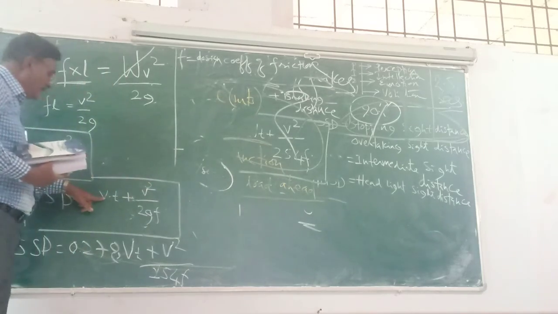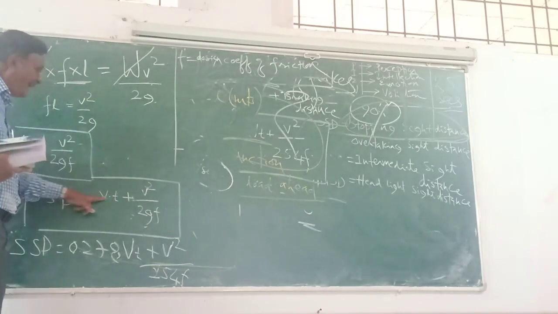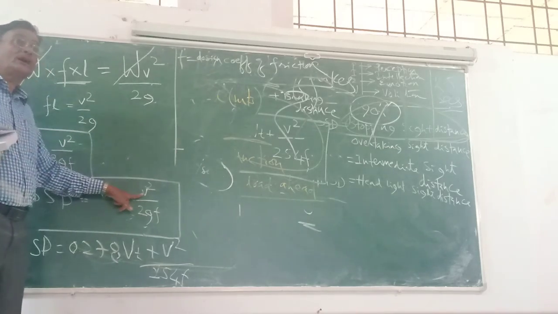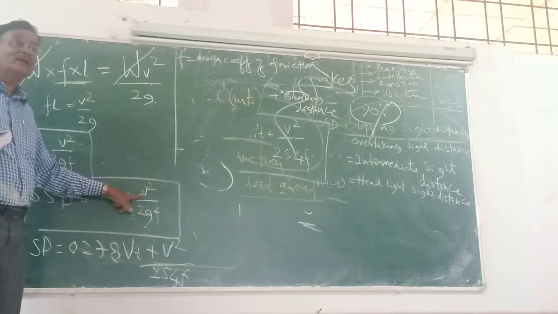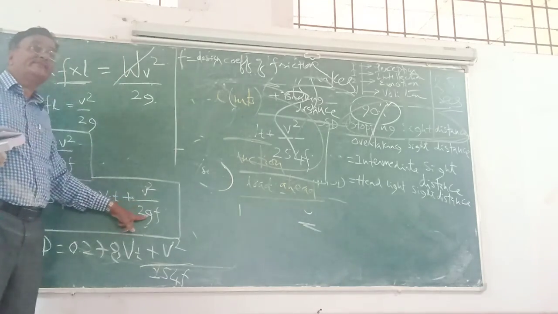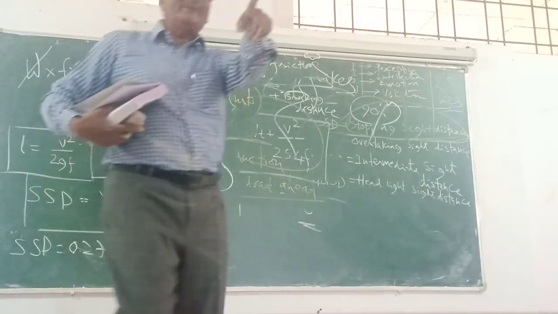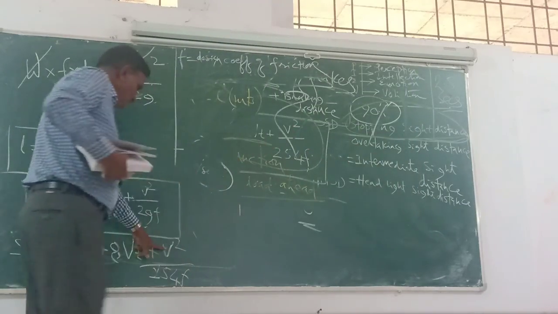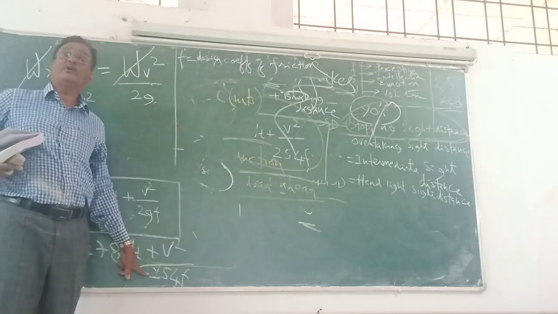Here your V square is converted from meter per second to kilometer per hour. Then the value of G equals 9.8. Substitute all these things and you will get this value, 254 into F.